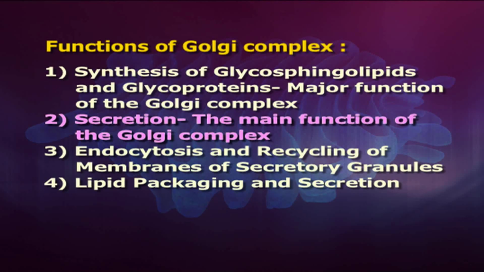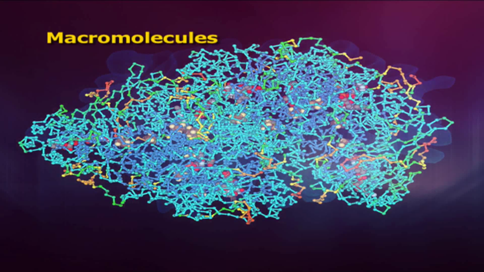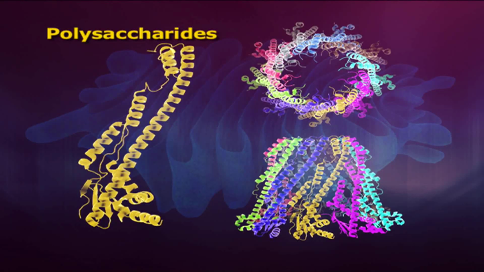Secretion, the main function of the Golgi complex. ER and the Golgi complex are more directly involved in the synthesis, transport and release of macromolecules from the cell. Cell secretion is not confined to animal cells. Plant cells also secrete polysaccharides and proteins to build their cell walls.